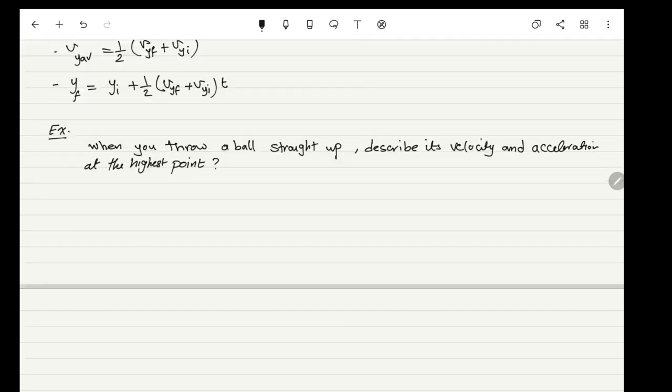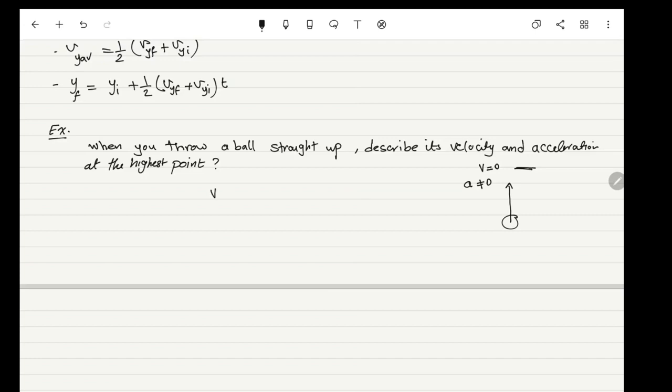Now let's have an example here. When you throw a ball straight up, describe the velocity and acceleration of that ball at the highest point, assuming there is no air resistance. In this case, when you throw a ball up and it reaches the maximum height, the velocity momentarily will be 0, and the acceleration will never be 0 because it's constant.